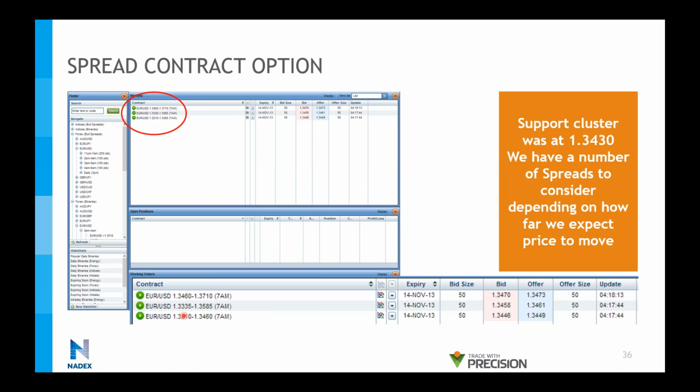Maybe the second contract might be better, but guess what? 134.30 is sitting pretty much here in the middle between the floor and the ceiling of that second contract. And it's sitting pretty much at the top, at the ceiling of the third contract. So from those three contracts that I'm seeing here right now, probably the first one might be the best suited.